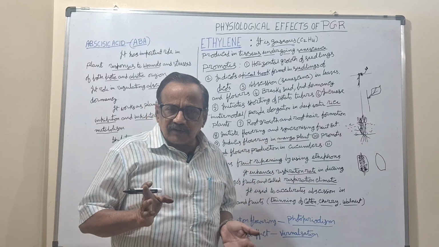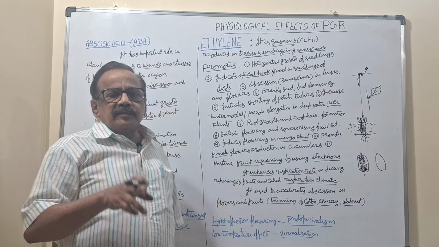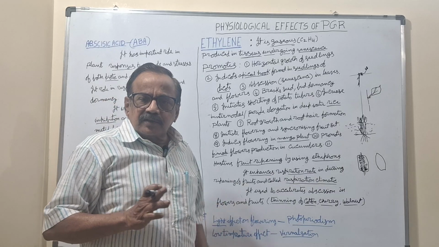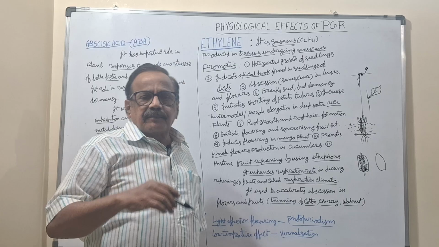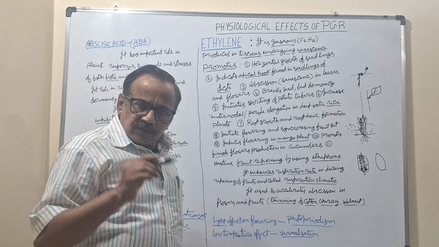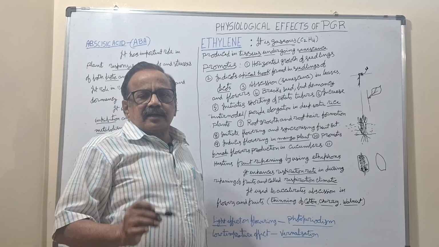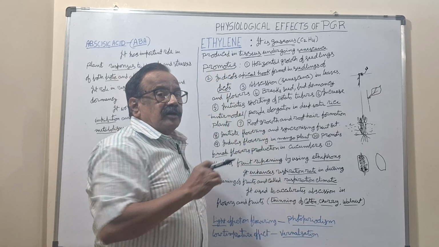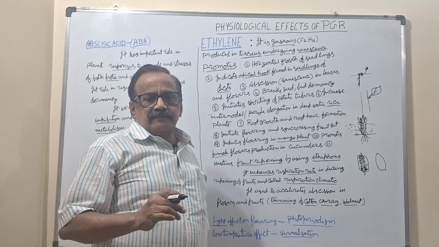Matured fruits, the farmer will cut from the field and those will be kept in a room. And at the same time, the Ethephon will be sprayed on the plant also for the fruit ripening. And different activities of the ethylene will be promoted by the spraying of which chemical, if you ask? Ethephon.